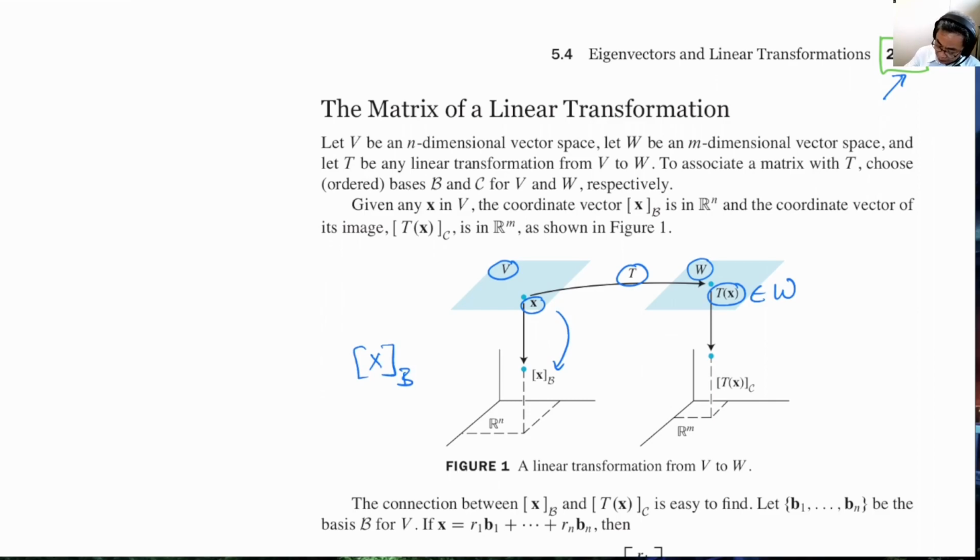This is the notation, the bracket with the B as a subscript, showing that the elements X1, X2, and X3 are the coordinates of the vector X in the B basis.